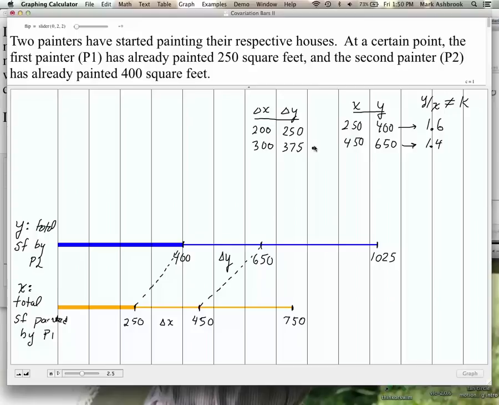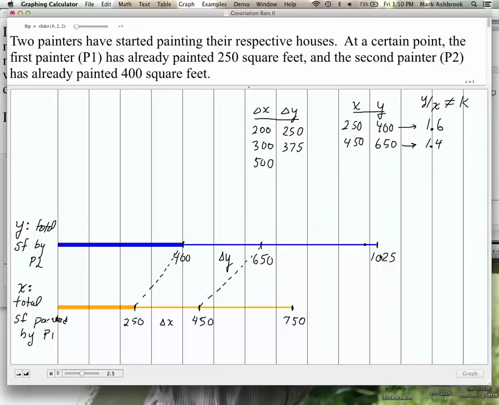Anybody do something different? Good. 250, is that? Yeah, go ahead. You can do the total change. Yeah, so this is a valid change: from 250 to 750 is 500.